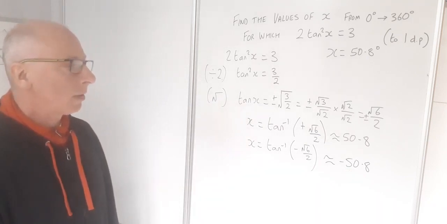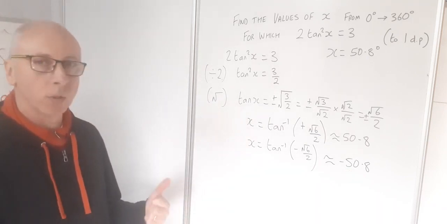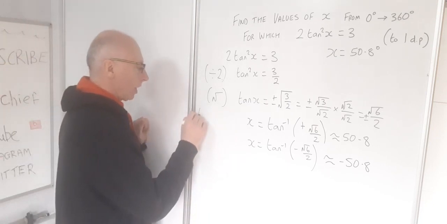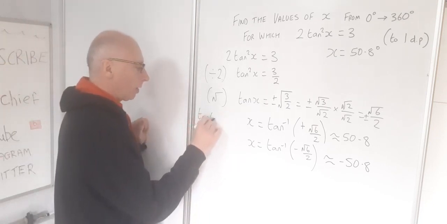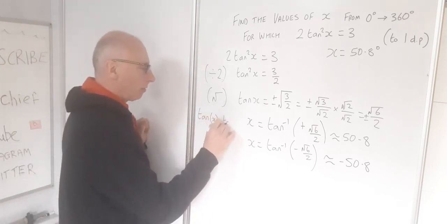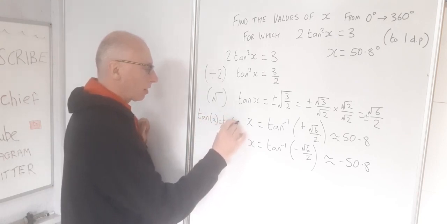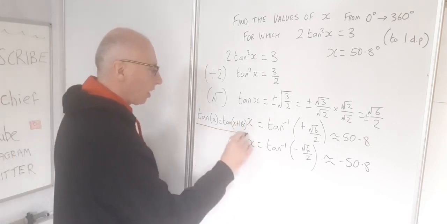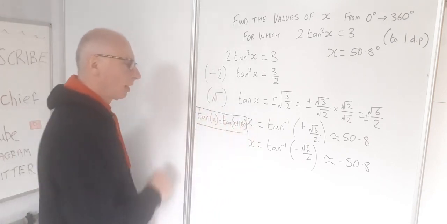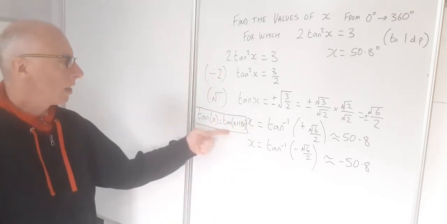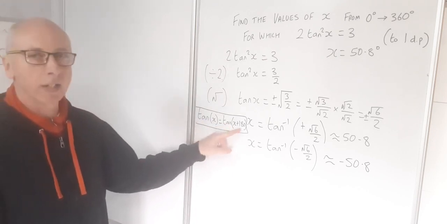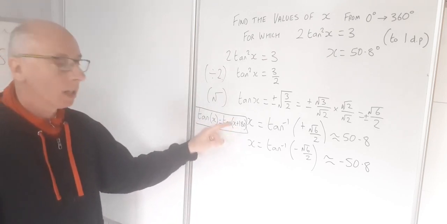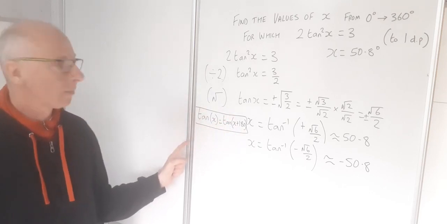So what we need to do now is call on a trig identity for tangent. So tangent of a value x is the same as the tangent of x plus 180. So that's a trig identity that we could apply in this question. So tangent has a period of 180 degrees. So also you could add 360. You could also subtract 180 as well.